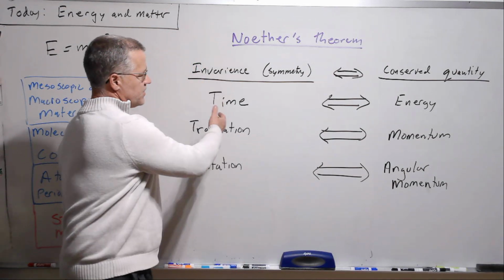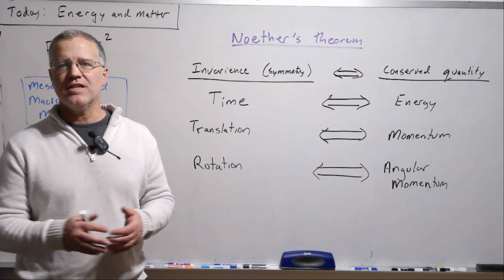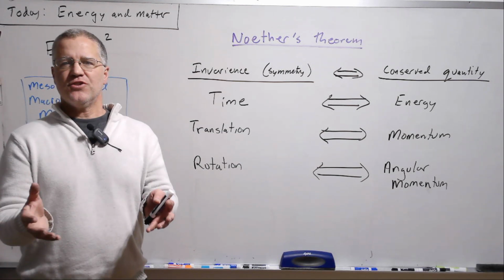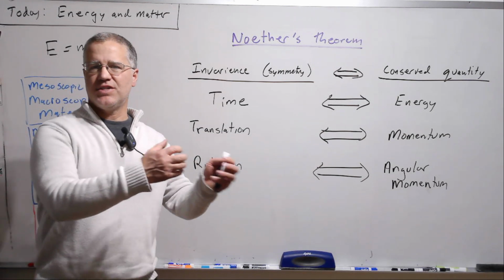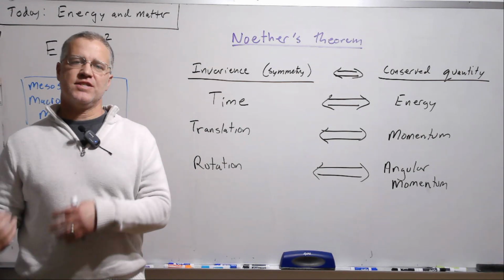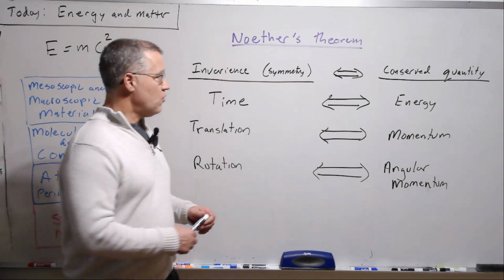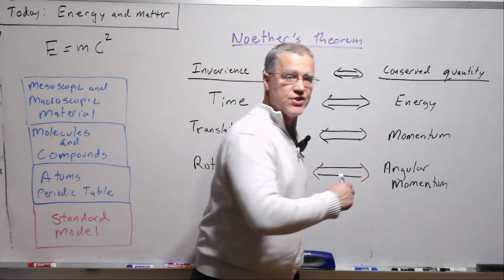So one invariance in physics is time. And to put it very crudely, the physics we learn today is going to be the same as the physics tomorrow. So physics behaves the same today as tomorrow as it did yesterday. There's a time invariance to the laws of physics. Well, the conserved quantity associated with that is energy.